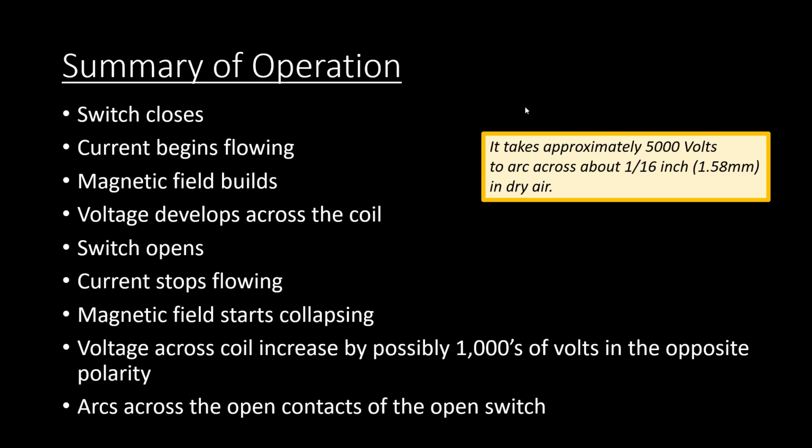When the switch opens, the current stops flowing, the magnetic field starts collapsing, the voltage polarity reverses, it's an open circuit, current's flowing, the voltage goes to the ceiling and arcs across a set of open switches. I have a little note here that says it takes approximately 5,000 volts to arc across about 1/16 of an inch, which is 1.58 millimeters, in dry air.